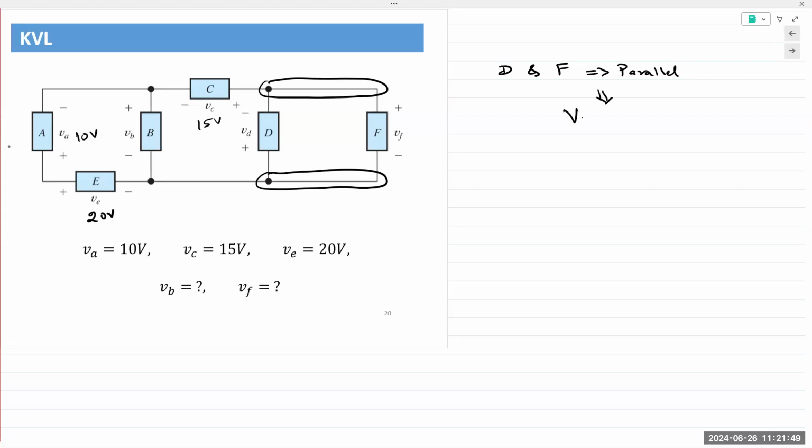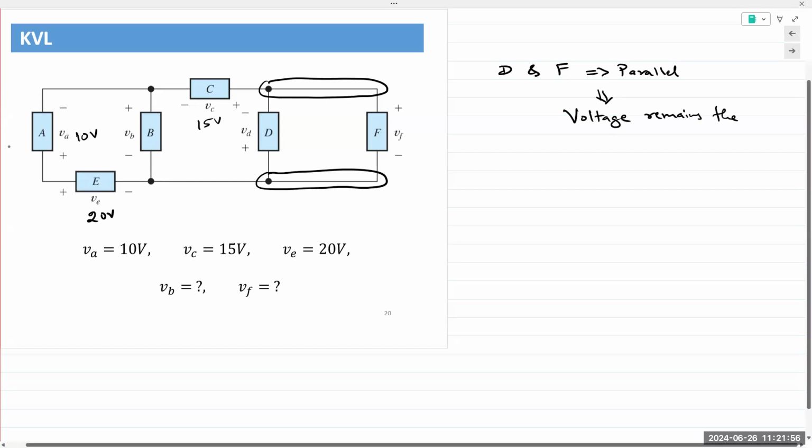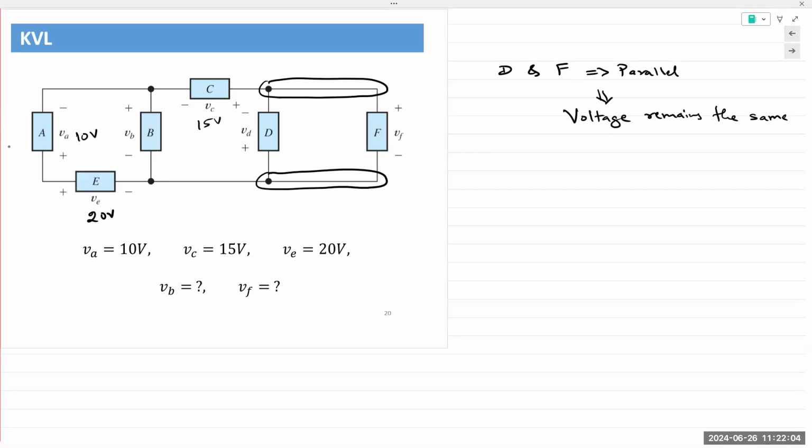Parallel connections, voltage remains the same. Electrical voltage is the difference in electric potential between any 2 points. The voltage that appears across D and F is a result of both D and F working at the same time.